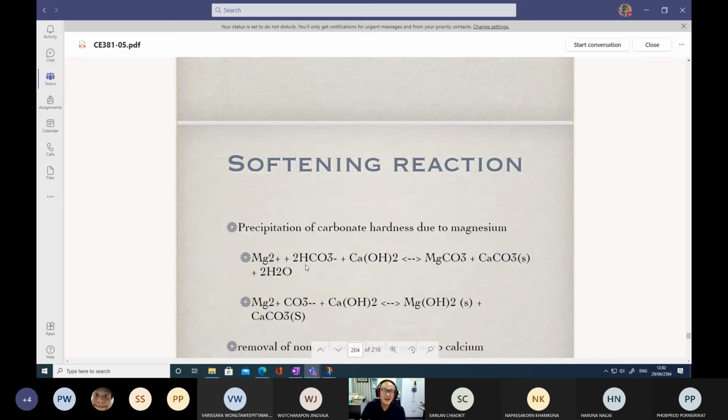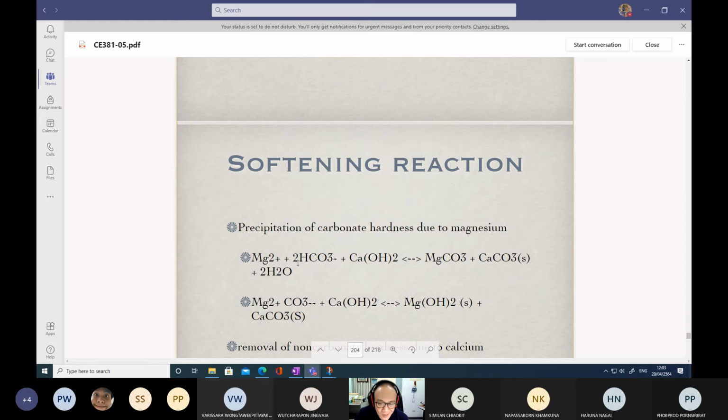And now if we need to remove the magnesiums, this one is the magnesiums. The magnesium must be precipitated in the form of magnesium hydroxide, not magnesium carbonate. Magnesium carbonate is still in an aqueous state. This is not the precipitated form. So addition of lime will have to promote these reactions.